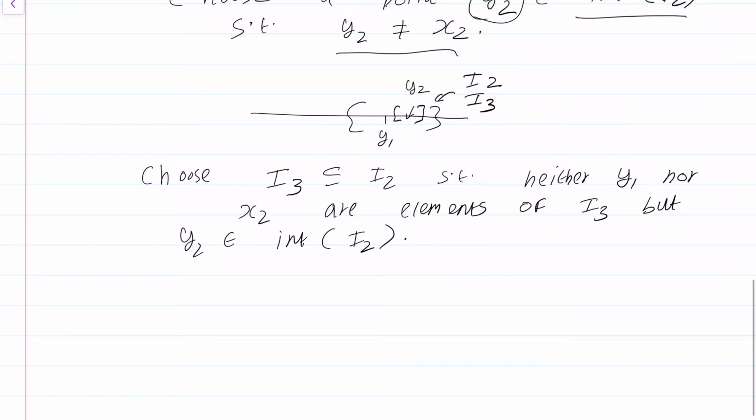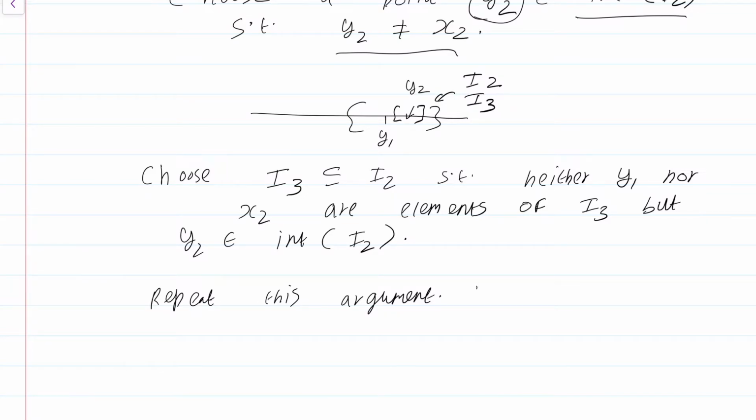Okay. Now repeat this argument. That means because y2 is a limit point of the set S, there is a y3 in this interval I3, such that this y3 is not equal to x3. And then choose an interval I4 which is a subset of I3, and so on and so forth.